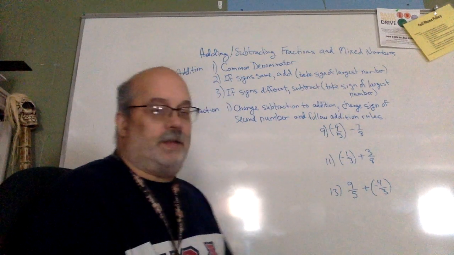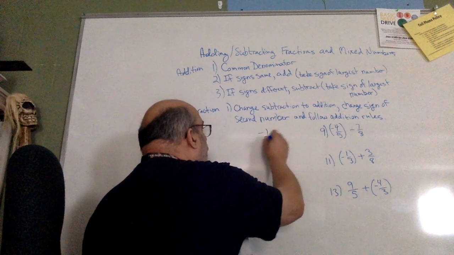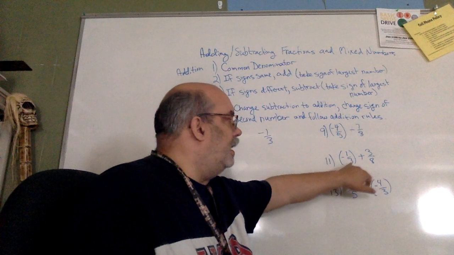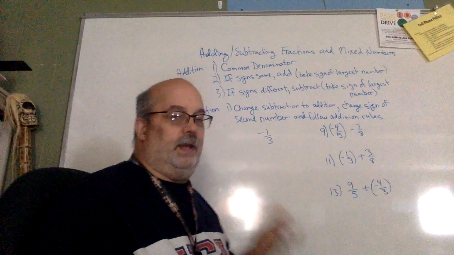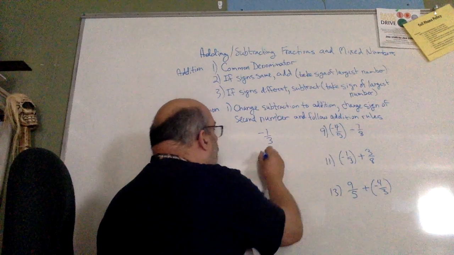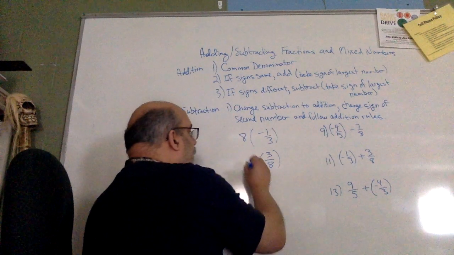Negative 1/3 plus 3/8. It's an addition problem. Negative 1/3, 3 and 8 are not common, so we need a common denominator. Top one multiplied by 8, bottom one by 3.